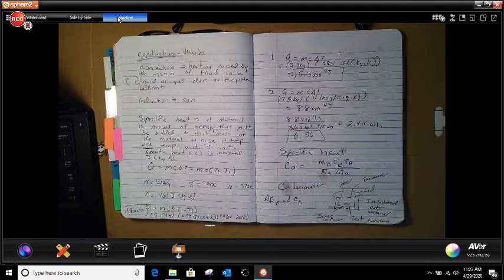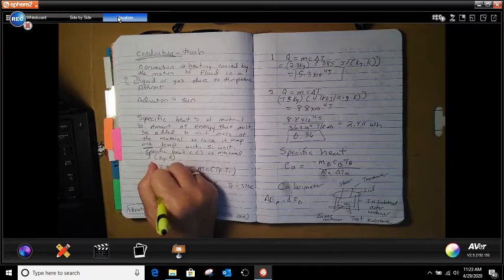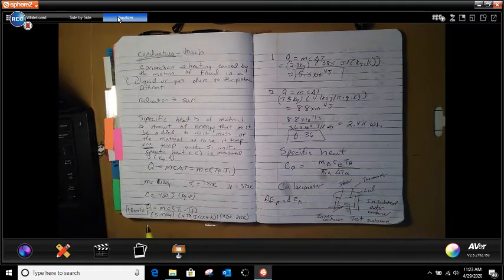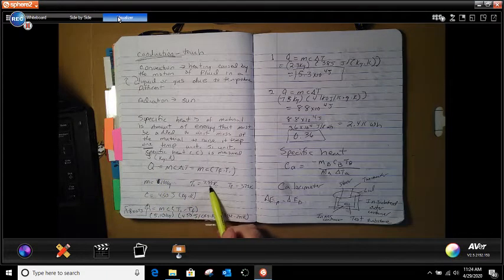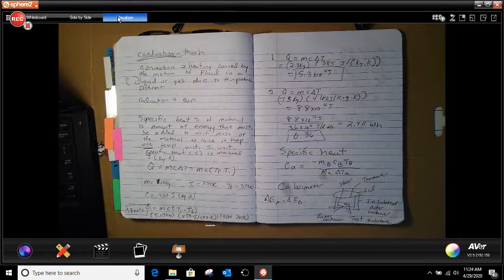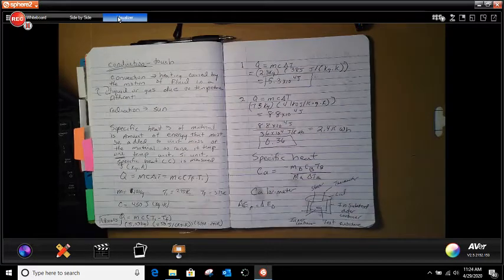So we start off with our mass 1, which is 0.10 kilograms. Our temperature 1 is 62 degrees, and our temperature 2 is 16. What we're going to do here is just use the equation that it's asking for, do the math where we have these numbers, and just multiply and divide. So let's look at question number 1.